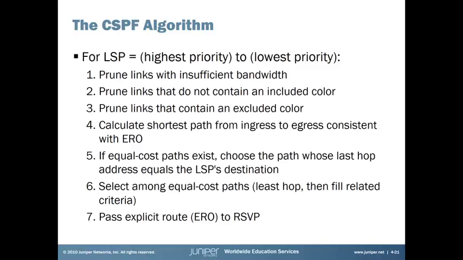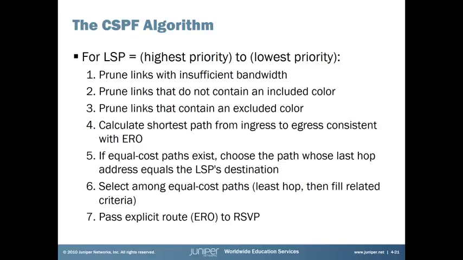Calculate the shortest path from the ingress to the egress consistent with the ERO. If an equal cost path exists, in other words, I've got more than one path that I can create, what that means is that the metrics are the same between these paths.